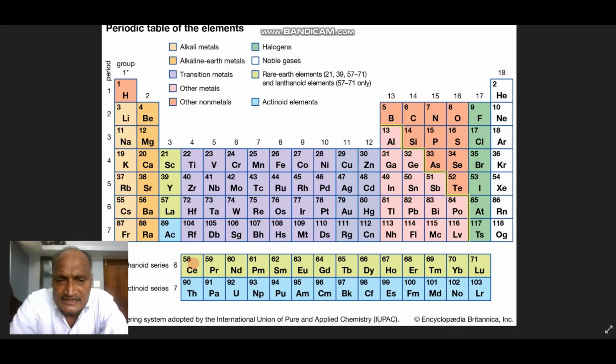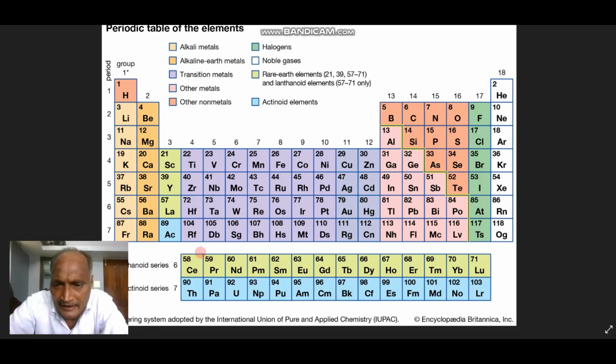The elements placed at the bottom of the periodic table, as you already know, are referred to as f block elements.